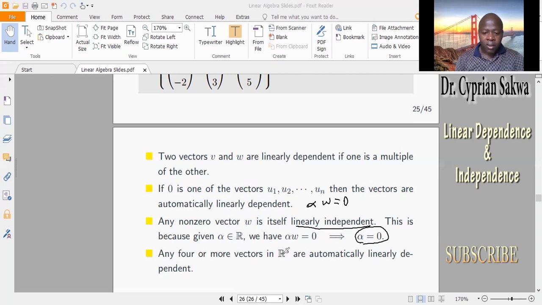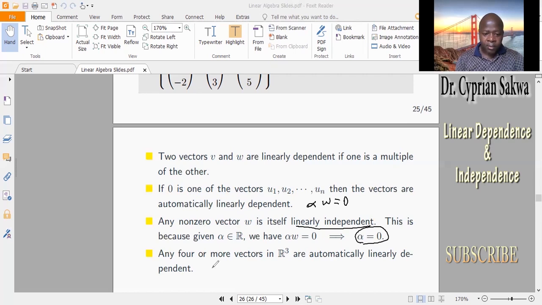Now, dealing with R3, if you're given more than 3 vectors, then those vectors are automatically linearly dependent. There's no need to try to find out.